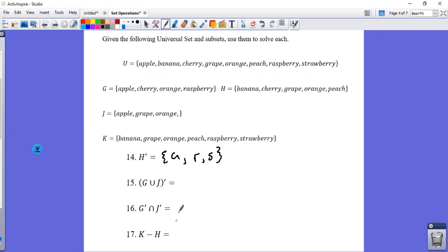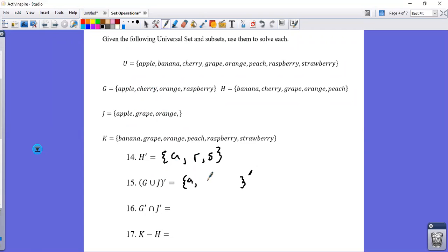So here is when set operations, you need to start kind of taking it slowly. So if you have the complement of G union J, first, what is G union J before we do the complement? So G and J, they both have apple.